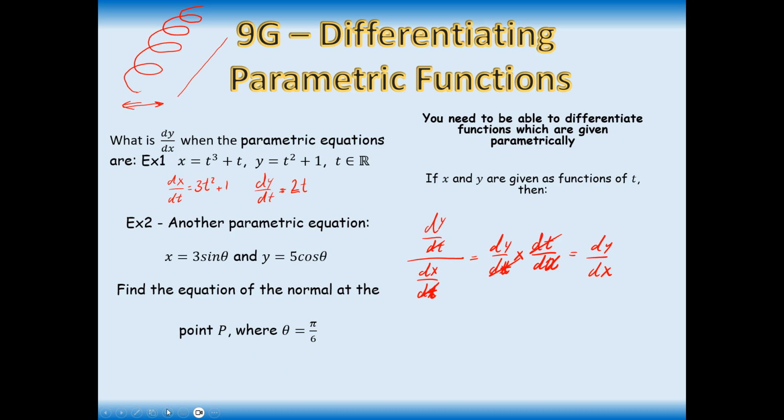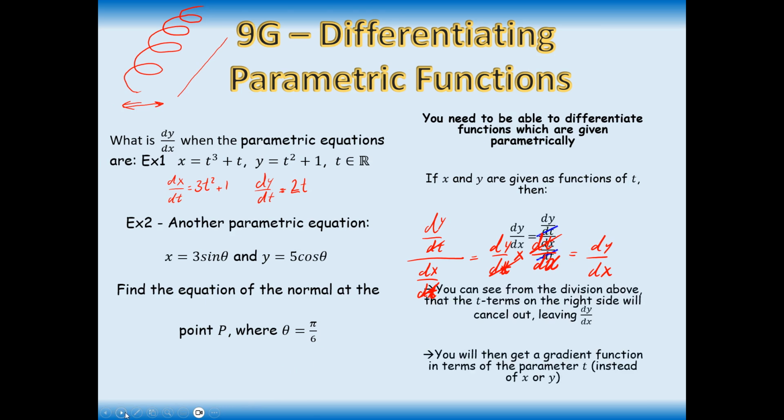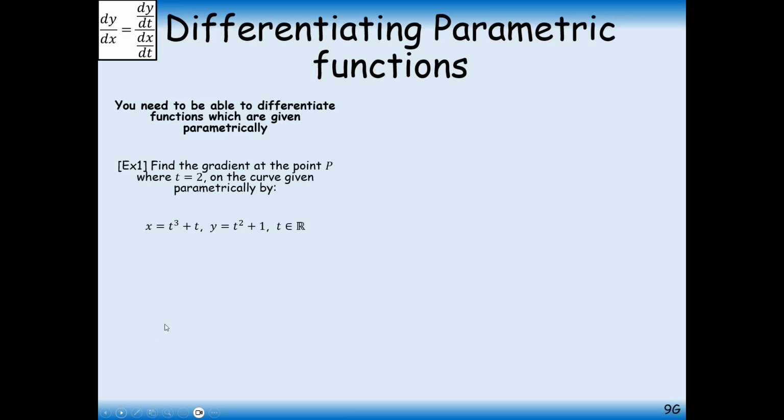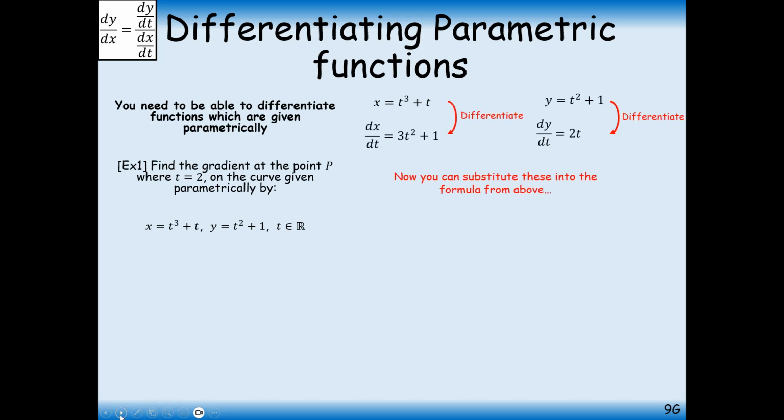So let's look at this first example in more detail, because the question will be asking us to calculate the gradient at the point P where t is equal to 2. I already figured out the rate of change of x and of y with respect to t. We said we're going to divide dy by dt by dx by dt.